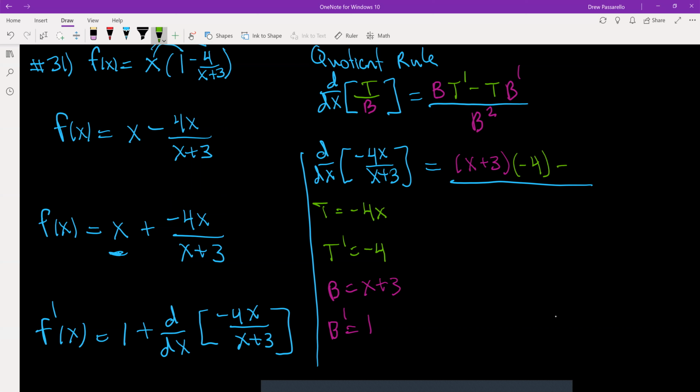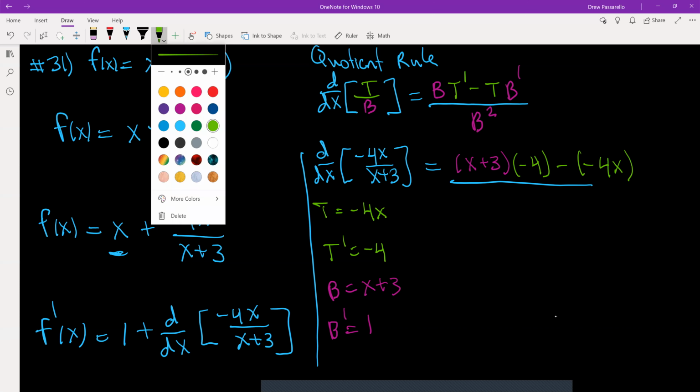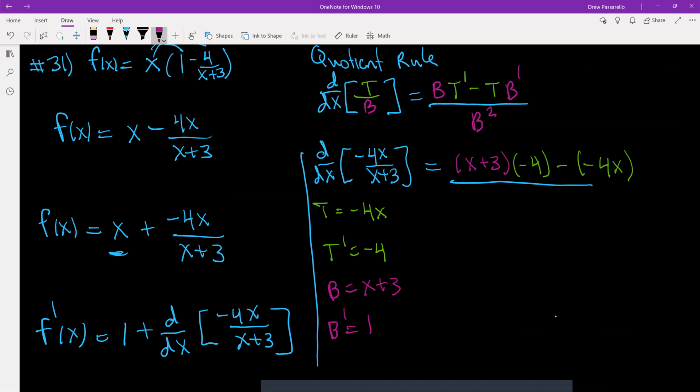Minus the top function, negative 4x, and then times the derivative of the bottom function, and that's 1. All of that is divided by the bottom function squared. So that's x plus 3 squared. So it's a matter of trying to simplify what we have.